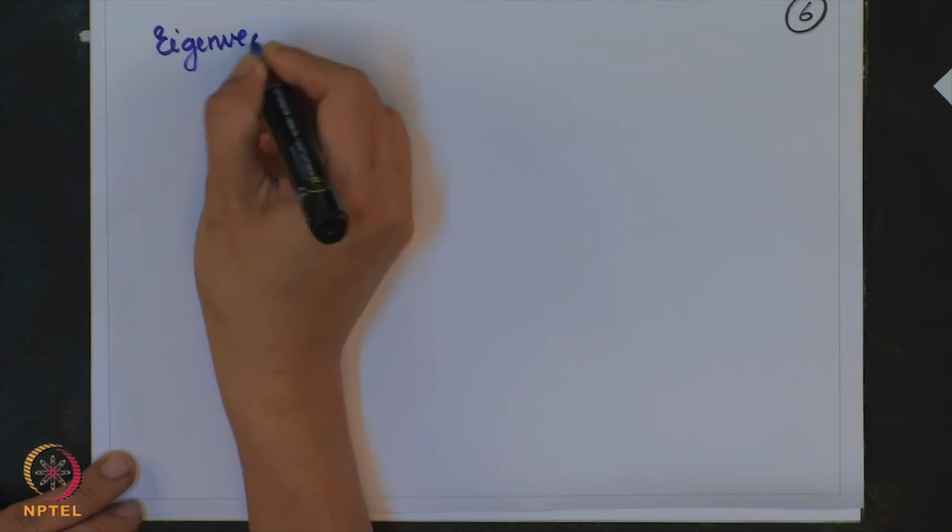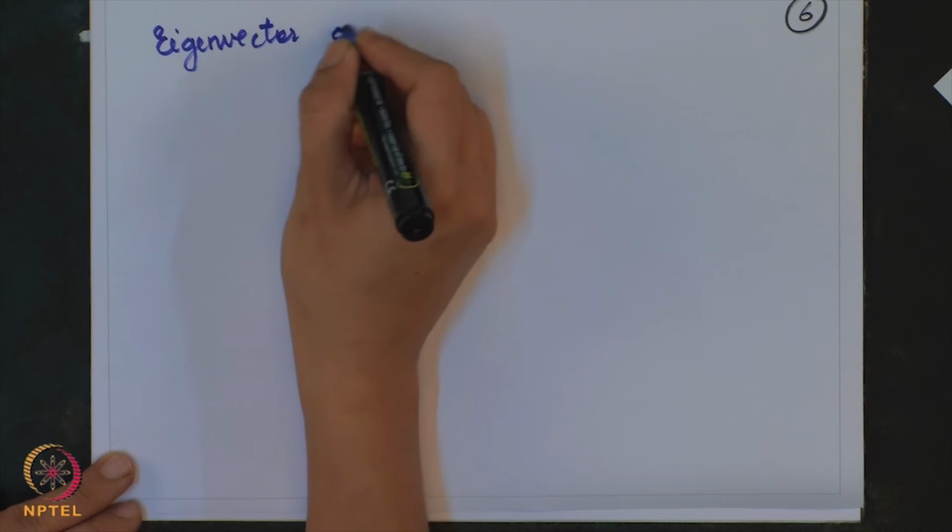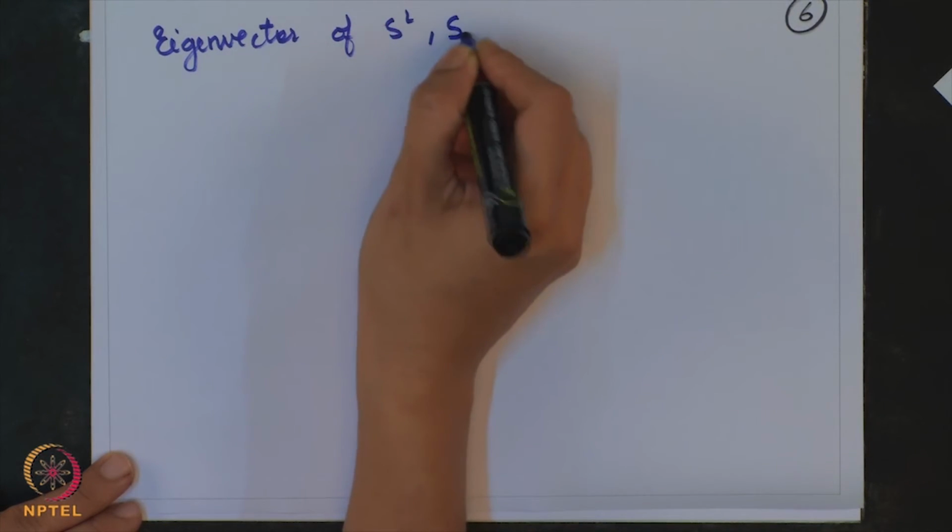And the final part, that is part B, which you have to evaluate, and before that I will just give you a hint of the eigenvectors of S square and Sz.